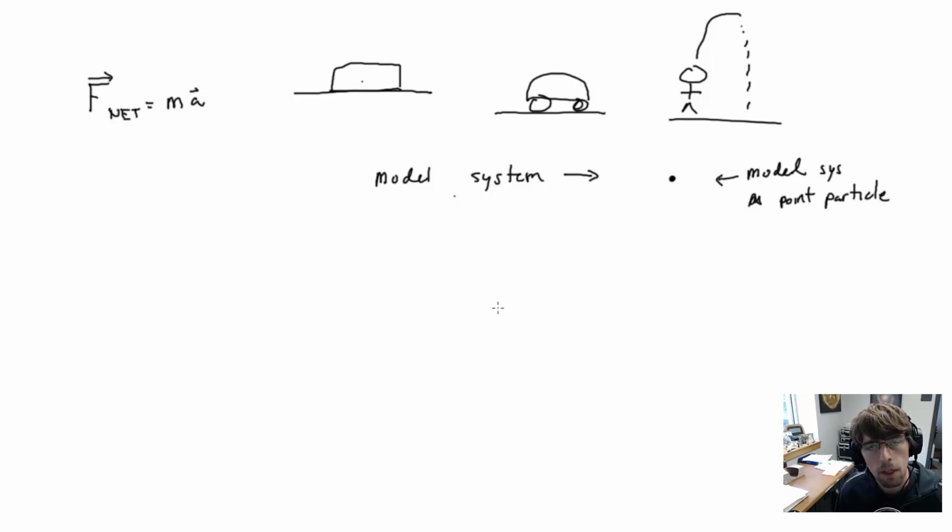Now here's the next question for you. If we're modeling the system as a point particle, where is the best place to think of that point particle as being located? For example, if I want to model this box as a point particle, where would it make the most sense to think about the location of the point particle?